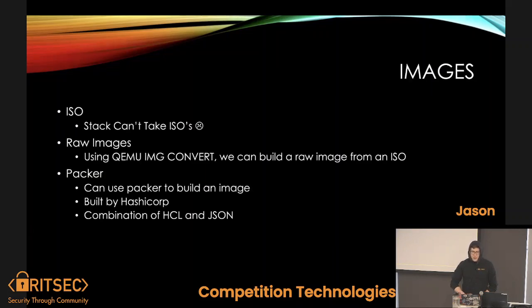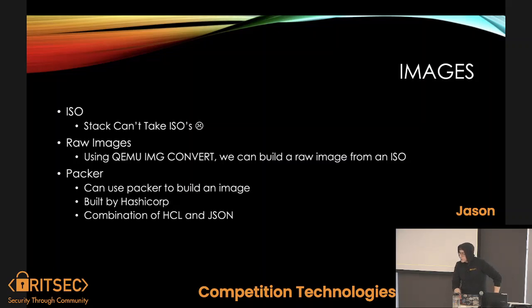So talking about some of this stuff here, we have images. I'm sure everybody's familiar with many types of image files. You have OVAs and OVFs, you have VMDK images, you can have VirtualBox images. You also have ISO images that you can use to install any kind of operating system onto a virtual machine or actual hardware.